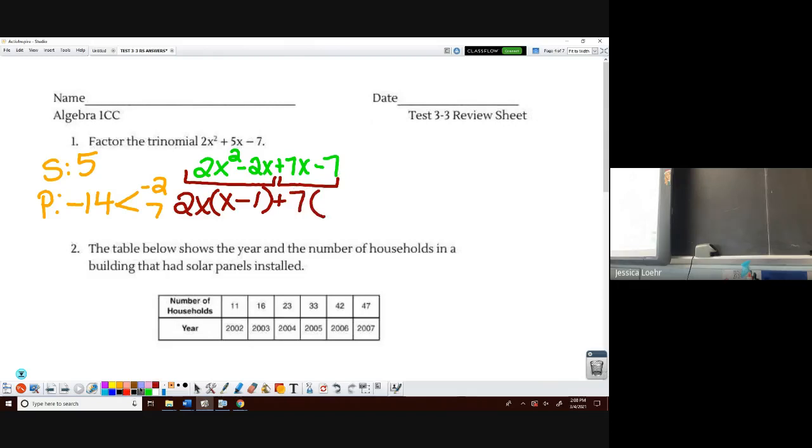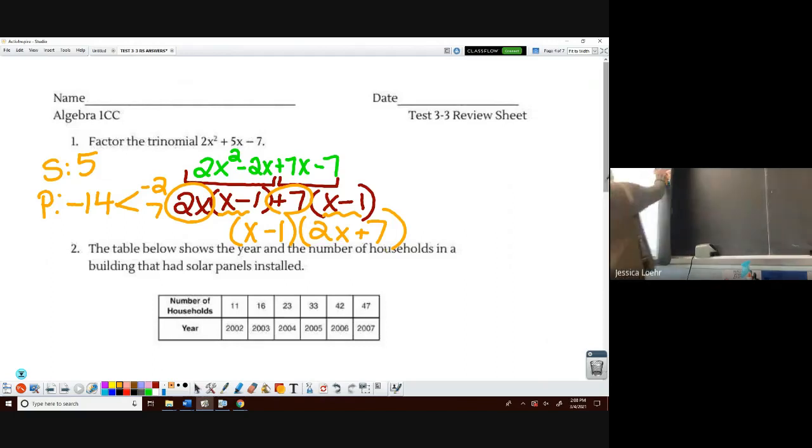What goes in this second bubble here? X minus 1. Good. Steal it from the first bubble, because they always have to match. Then your answer is the bubble they share, and then everything else. Doesn't matter if you flip-flop the order of these. It's the same thing. Questions about number 1?